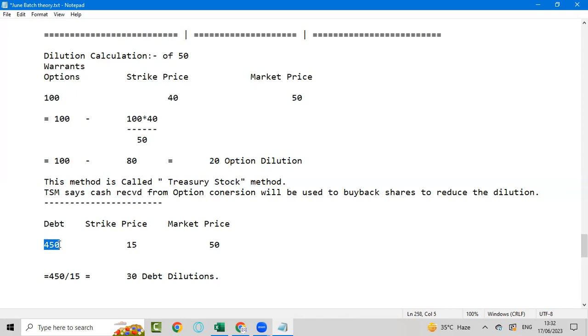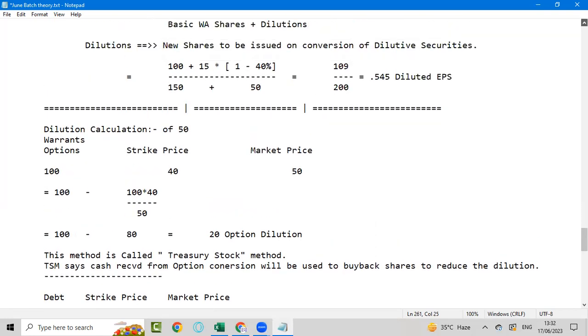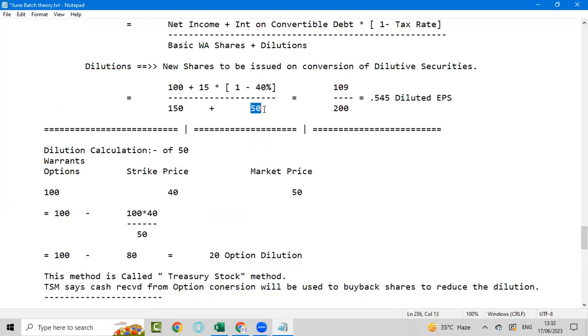The amount was taken as debt and used in the business. We are now converting it to shares. So 30 shares will be issued. So these are your option dilution, 20, and your debt dilution, 30. The total becomes 50. So in this calculation of diluted EPS, this 50 has come from there. Clear?